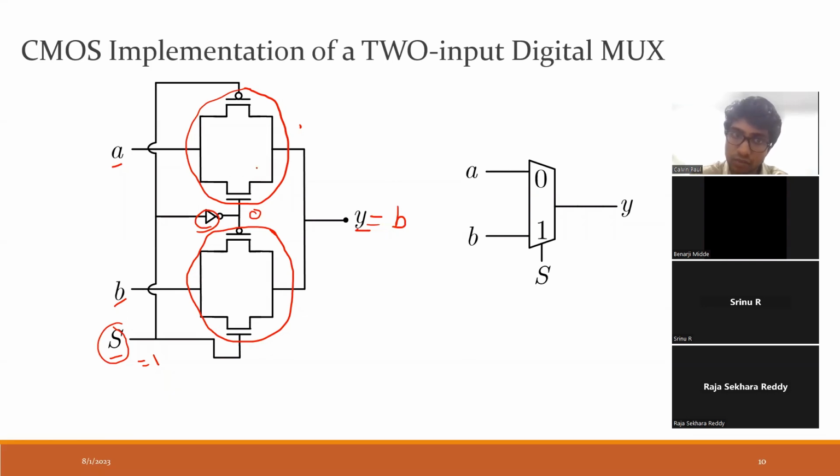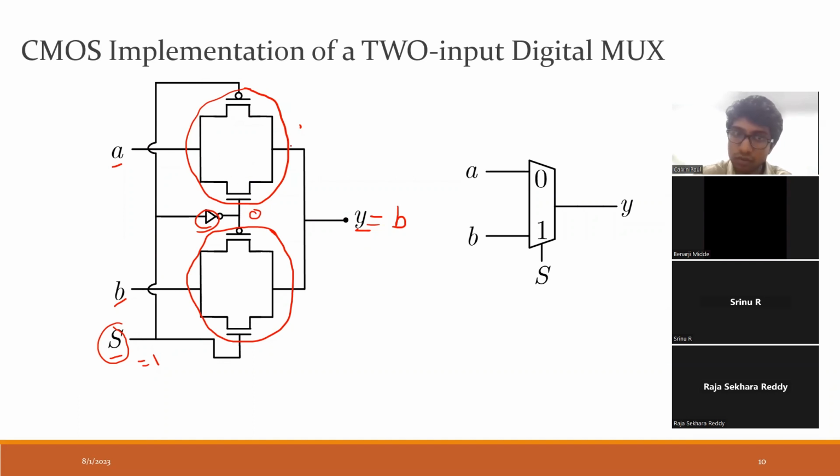Also, for this transmission gate, S is 1. So 1 goes to the PMOS, and if 1 is the input to PMOS, the PMOS does not turn on. So it is open, so A does not come over here. Similarly, for this NMOS transistor, since S is 1, it passes through the NOT gate and comes out to be 0. So this is still off.